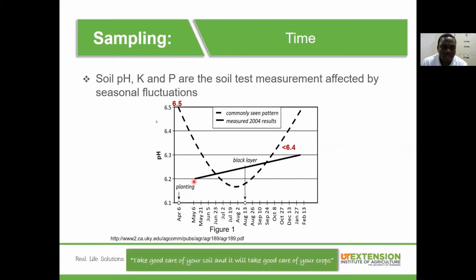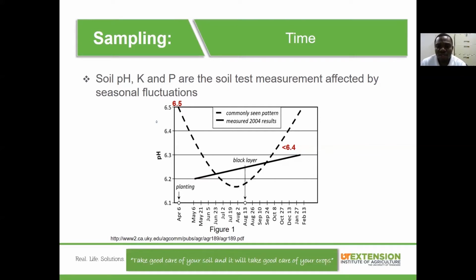However, in Turkey, a study showed that your soil pH can increase linearly and not necessarily decrease. That is an observation. We also want to keep in mind that our soil test value can vary depending on how soon you collect your soil sample after harvest.